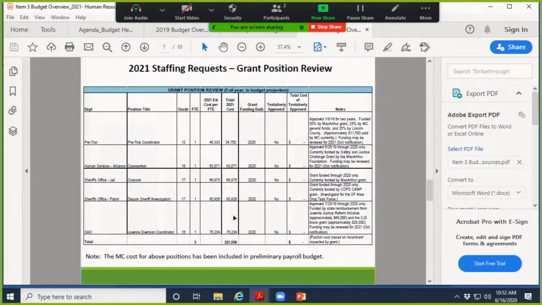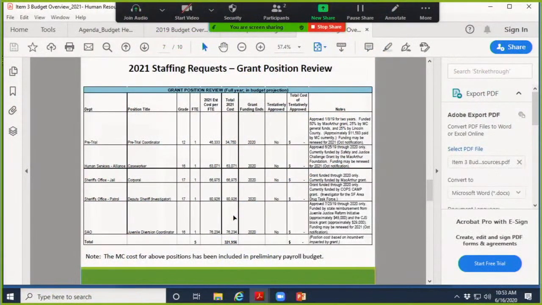Correct. Right. So we've got to find a different way to report this stuff out, so we know which of these positions on the slide showing grant position review we are anticipating using general fund dollars for, or which of these we're anticipating being grant funded.